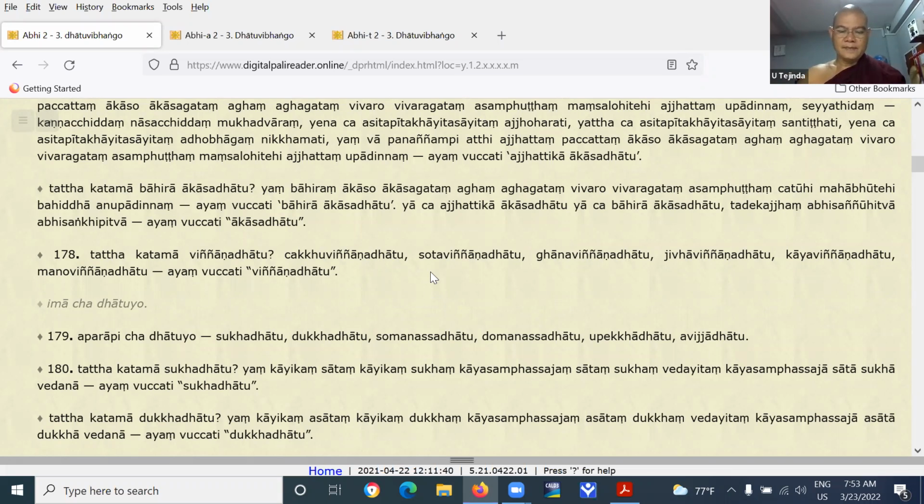Viññāna Dhatu here is not classified into internal and external. All vinyanas are internal. Tata karma vinyana dhatu, Chakku vinyana dhatu, Soda vinyana dhatu, Kana vinyana dhatu, Jiva vinyana dhatu, Kaya vinyana dhatu, Mano vinyana dhatu. Ayavajita vinyana dhatu. This is vinyana dhatu.